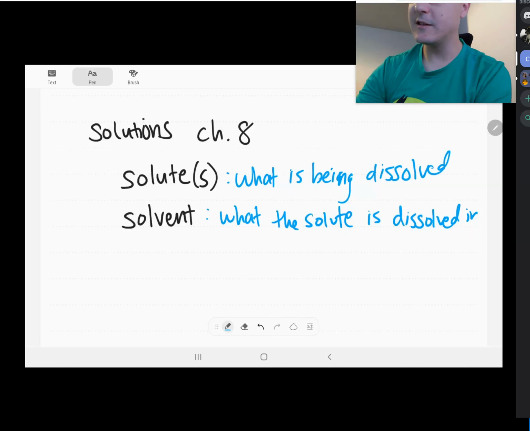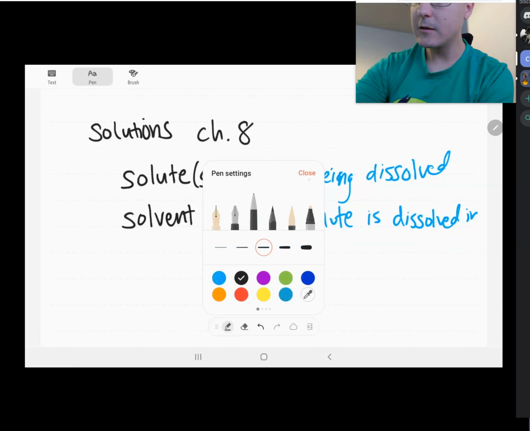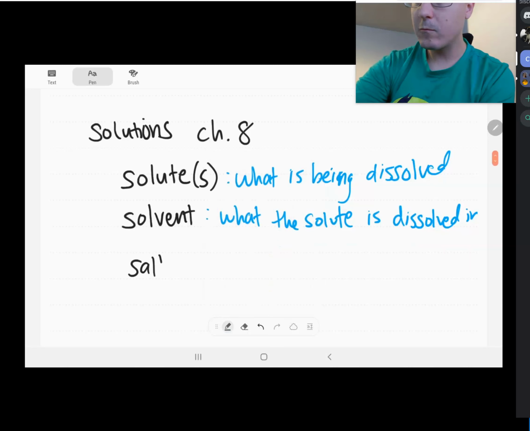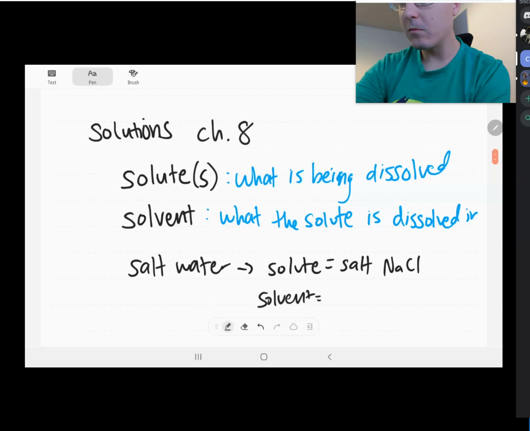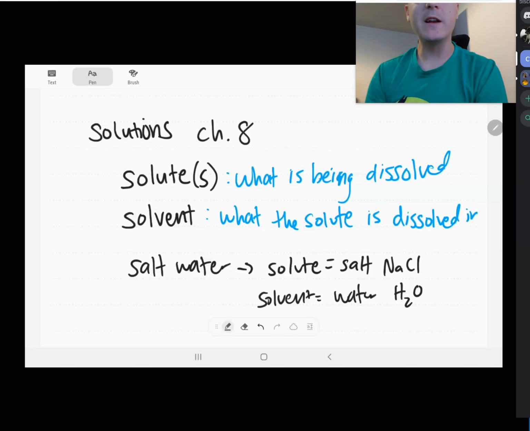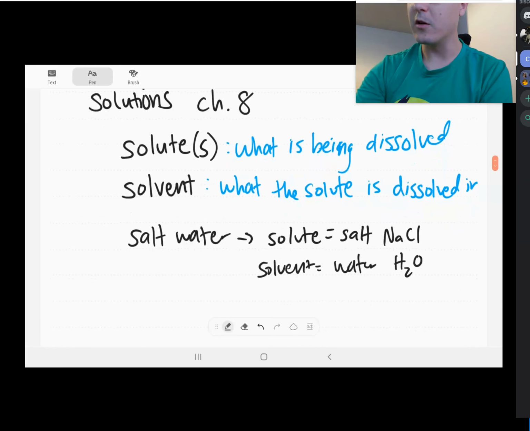If we take, for example, salt water, the solute is salt, and the solvent is water. Another way to describe the solvent is it's the one that there's a lot more of. In salt water, there's a lot more water than there is salt. So that's also another way we're going to identify it.